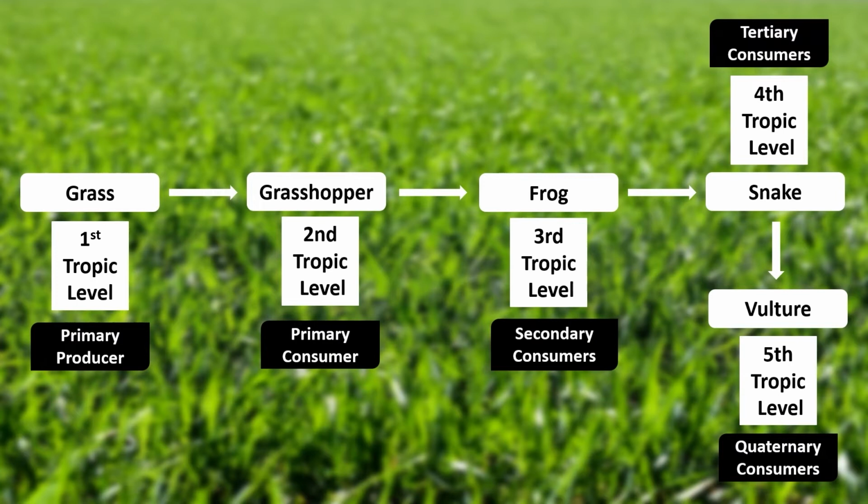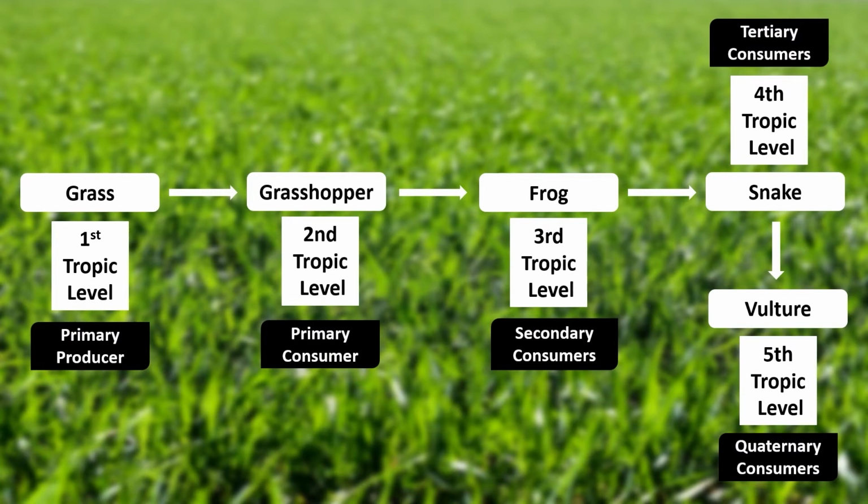In the third trophic level lie the frogs, as you can see in the chart. This is one of the simplest examples of a food chain.